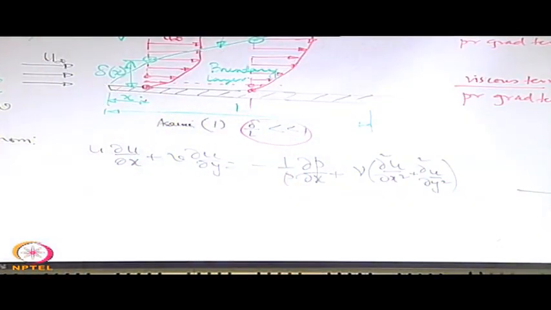So, let us write the order of magnitudes of different terms. We have now been familiar in how to write those. So, what is the order of magnitude of this?